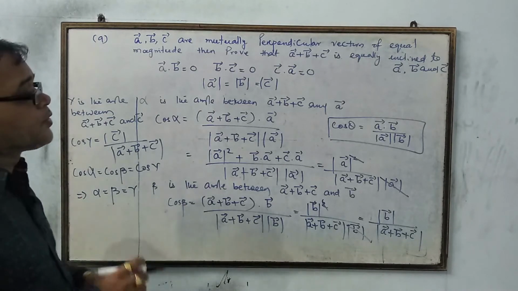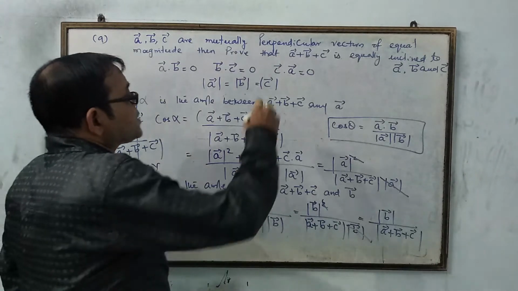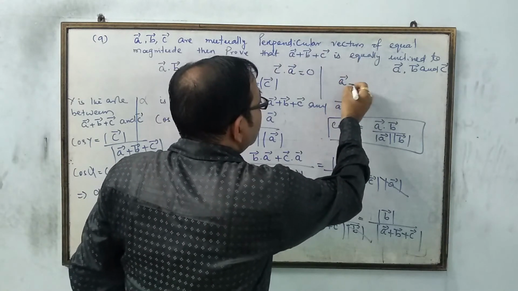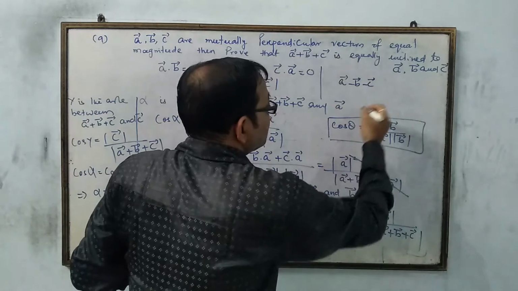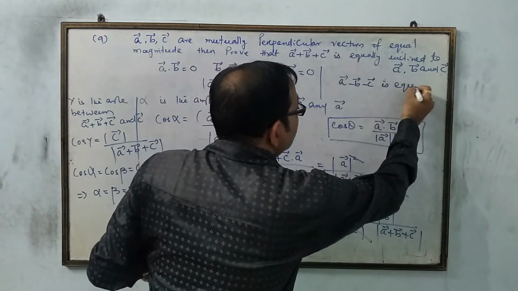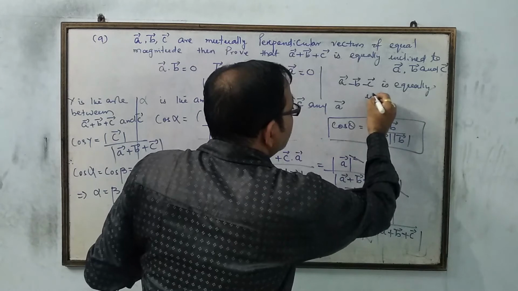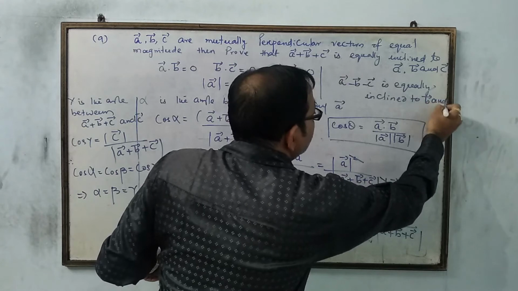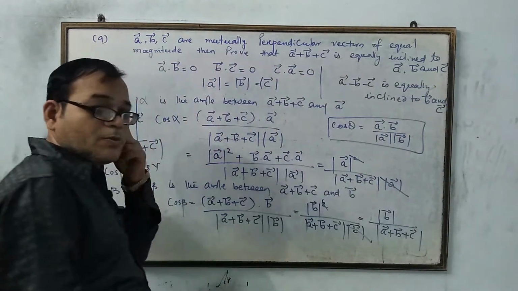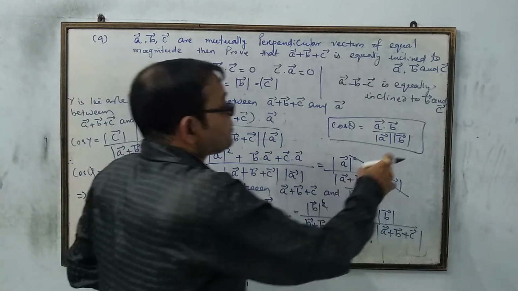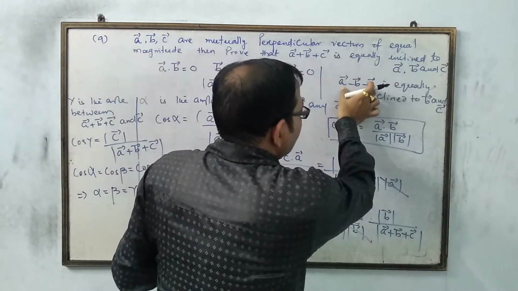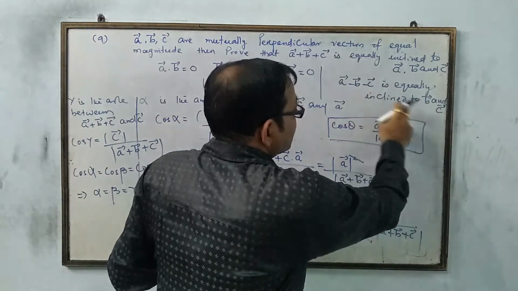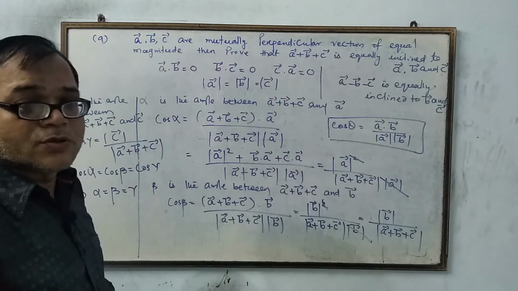There is an alternate question. If the same conditions are satisfied, we can prove that A minus B minus C is equally inclined to B and C. Let the angle between A minus B minus C and B be alpha, and the angle between A minus B minus C and C be beta, and proceed in the same way, so that alpha will equal beta.